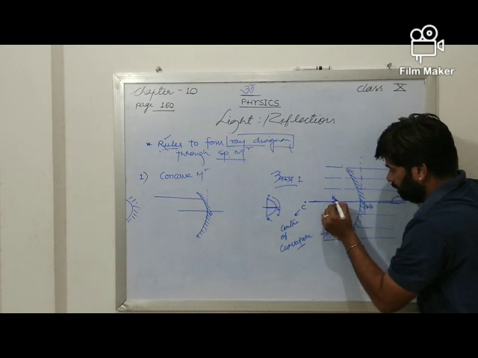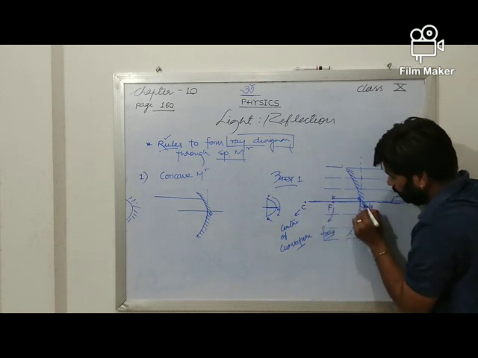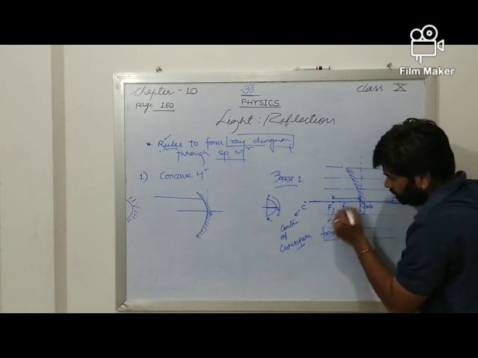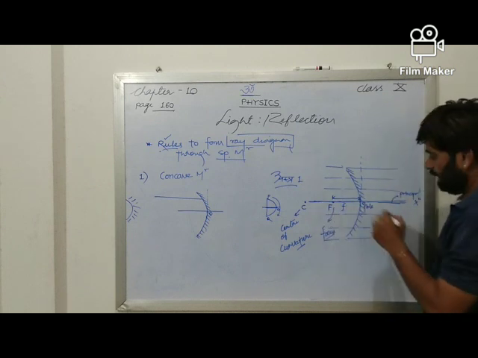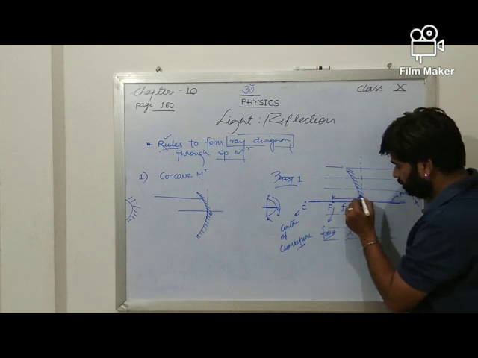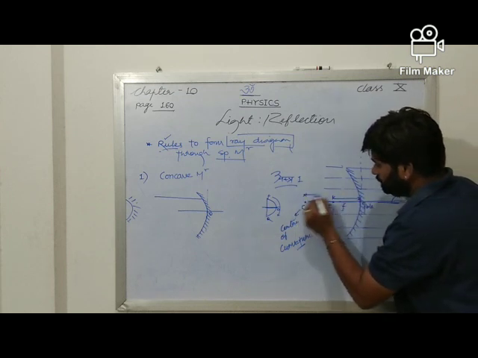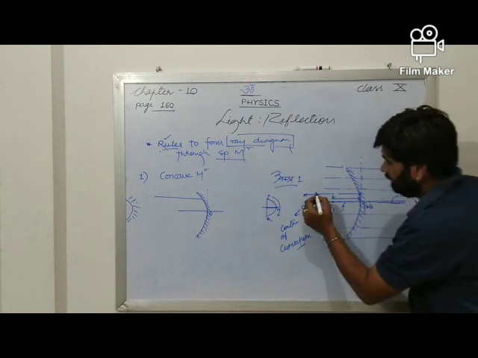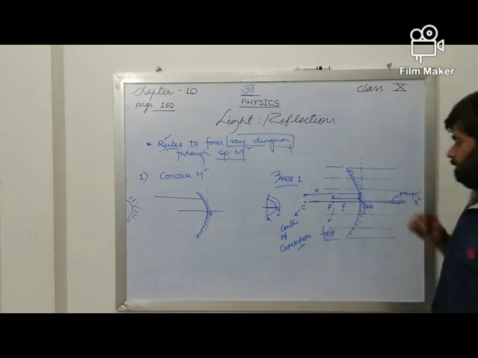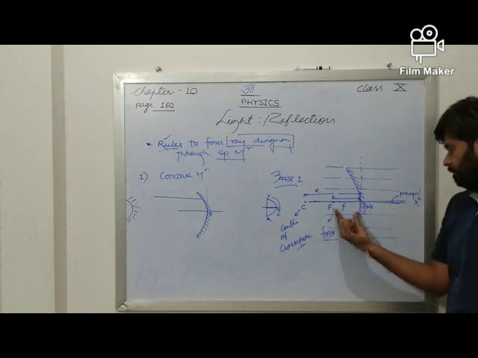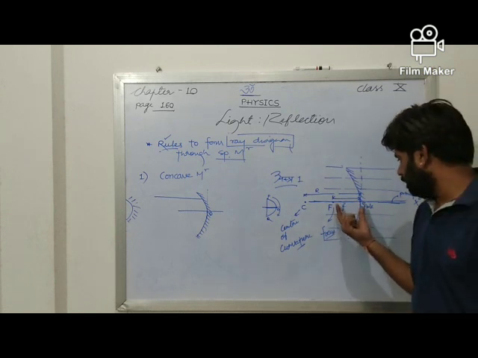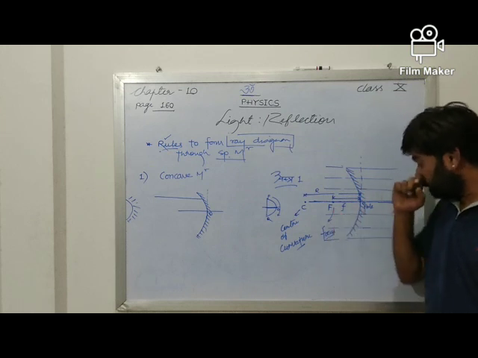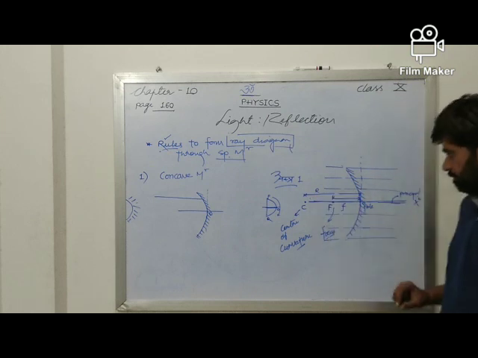The distance of the pole from the focus will be known as focal length, and the distance of this particular pole from the center will be known as radius of curvature. This is the focal length, or distance from the pole to focus, and this will be the radius of curvature.